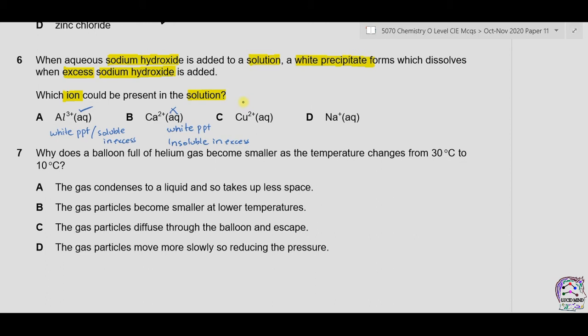Copper plus 2 forms light blue precipitate, which is insoluble in excess. D is sodium ion. Sodium ion does not give any reaction with sodium hydroxide. The correct option is therefore A.